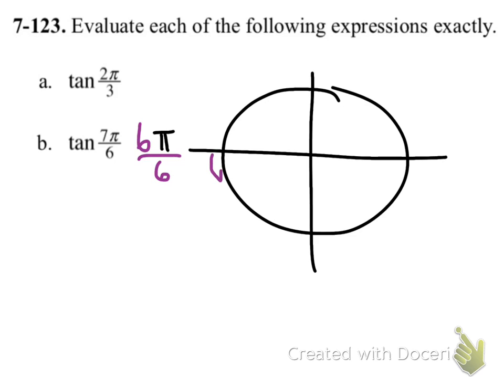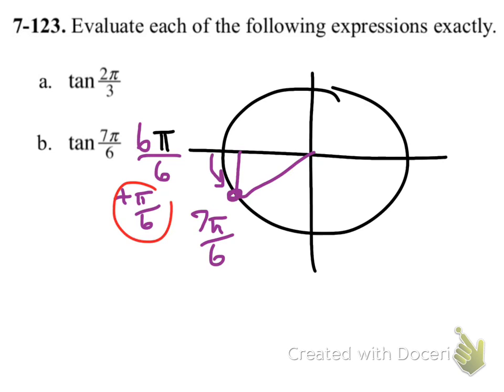And now I need to add, if I add 1 pi over 6 to 6 pi over 6, I'm going to get this triangle, which is at 7 pi over 6. My reference angle being pi over 6, 180 divided by 6 equals 30 degrees. So my reference angle pi over 6 is the same thing as a 30-degree angle.